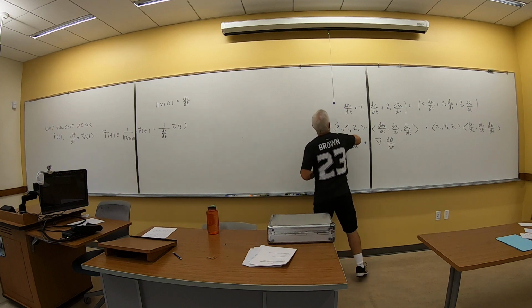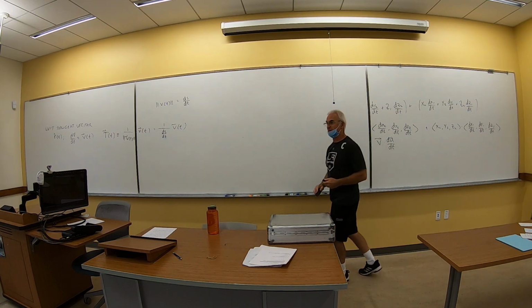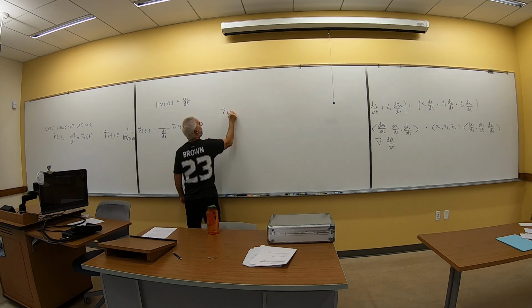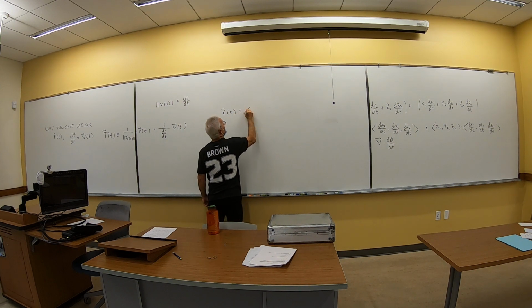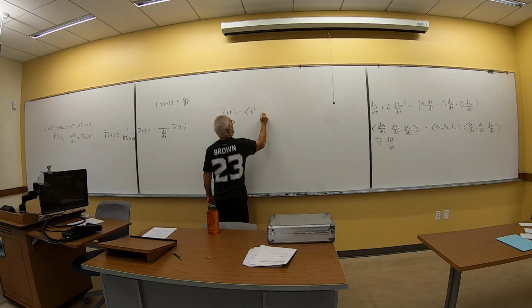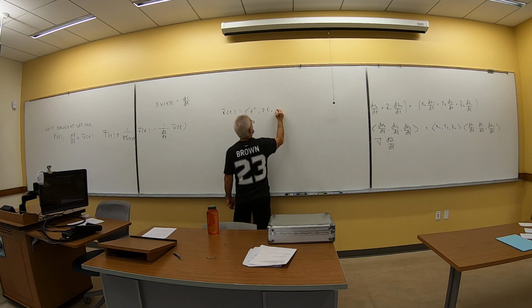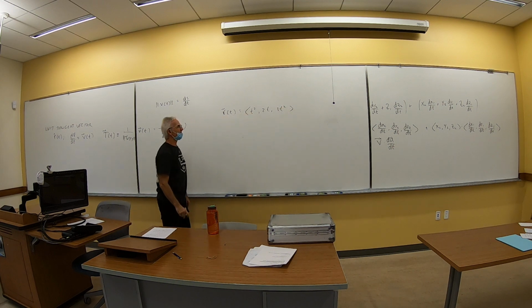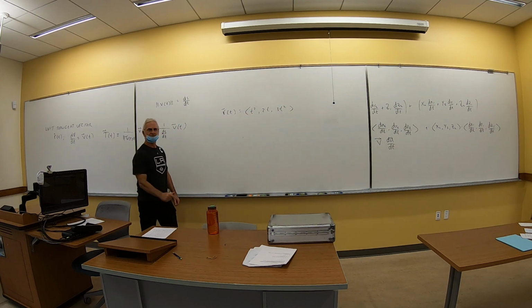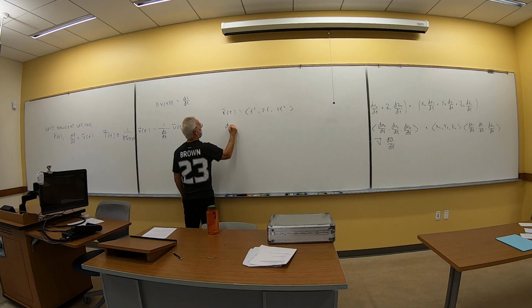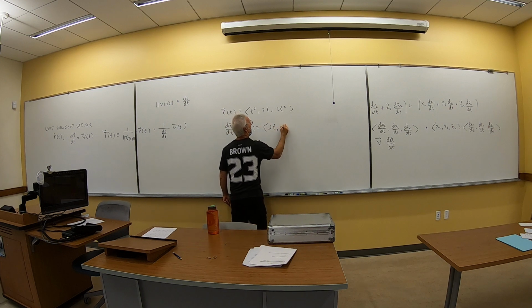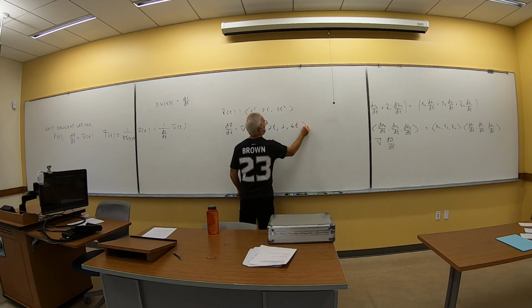The unit tangent in general is just not very hard to find. So let's suppose I give an r of t. Let's say r of t is t squared, 2t, 3t squared. So dr dt, which is v of t, would be the vector 2t, 2, 6t.